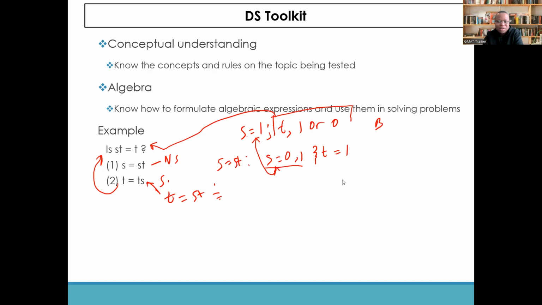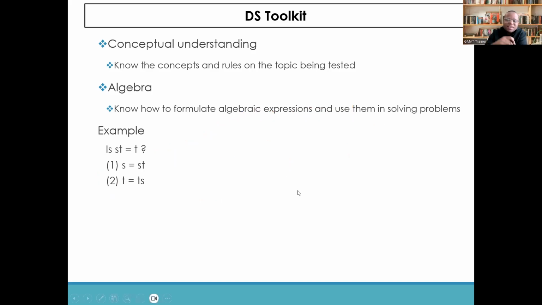Yes, I have not a question, but I worked it out differently, and I landed on the same answer. My thinking was, if ST is equal to T, what if you say multiplying odd and even, you get even?